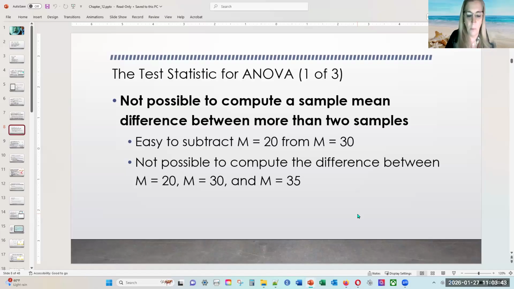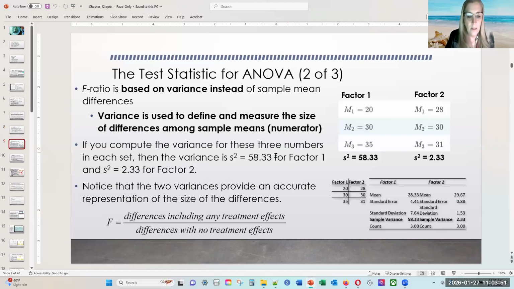That doesn't compute, right? It doesn't make any sense. So that's why analysis of variance is based on variance instead, hence the name, right? And we calculate an F ratio.